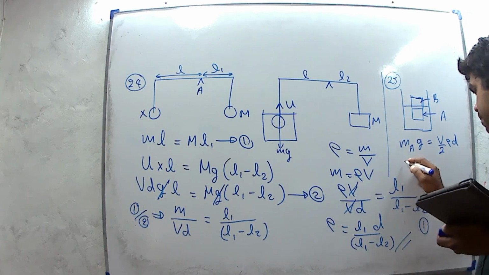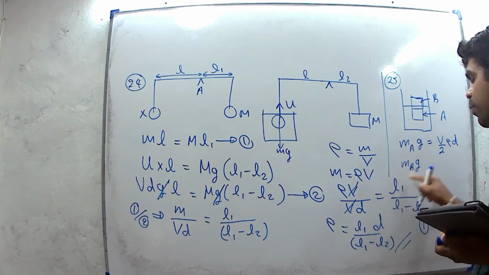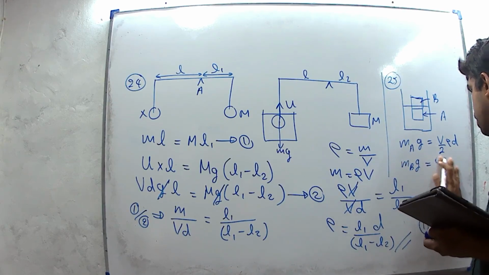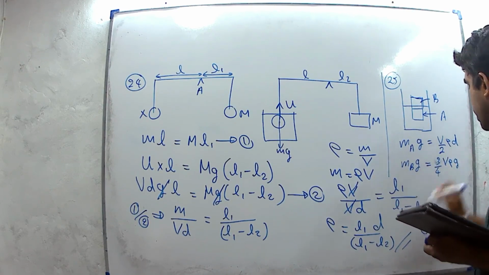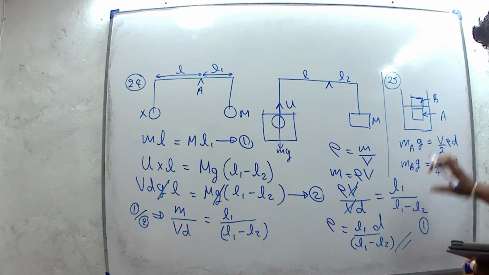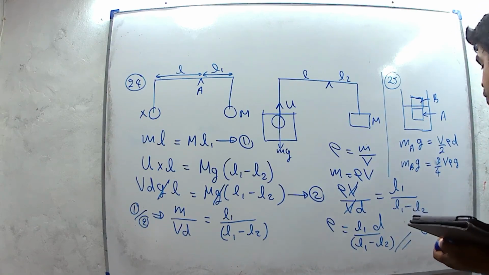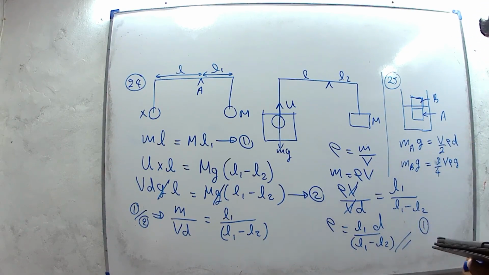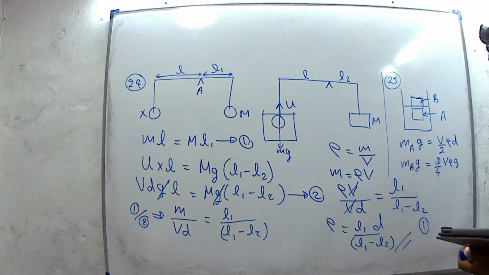But MBG, the weight of B, should be equal to 3/4 V rho G. They have given the immersed volume for object A in the first situation as half. The immersed volume of object B in the first situation is 3/4.